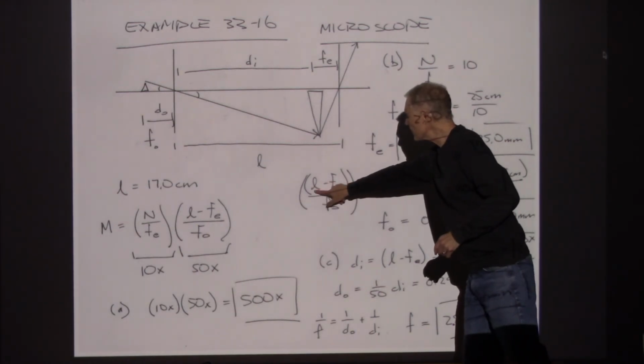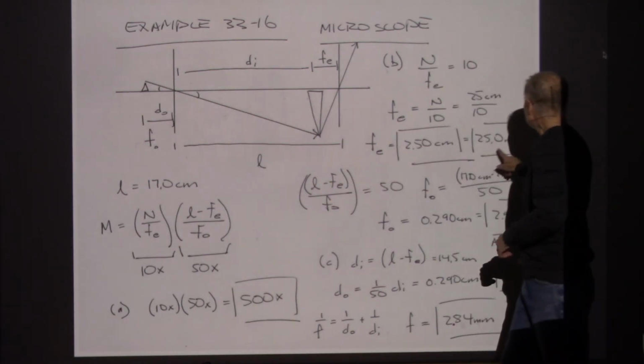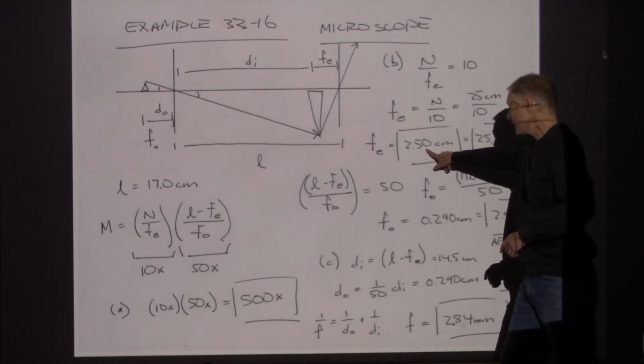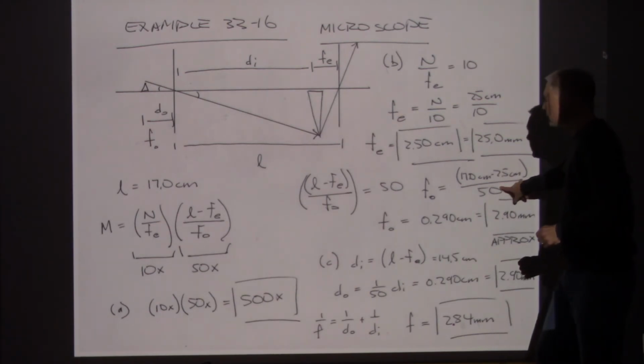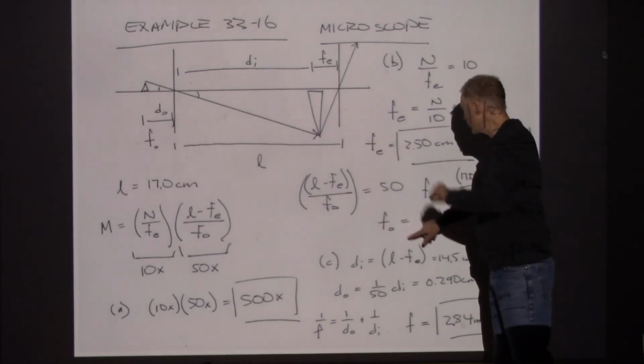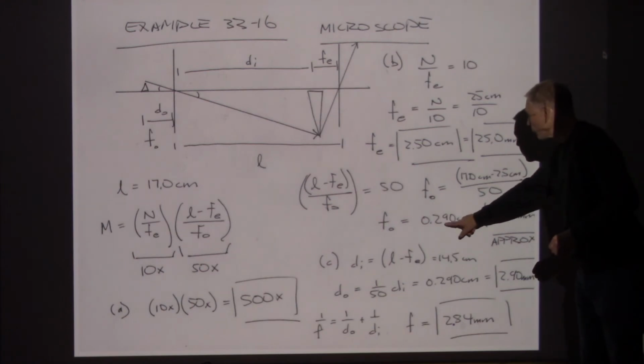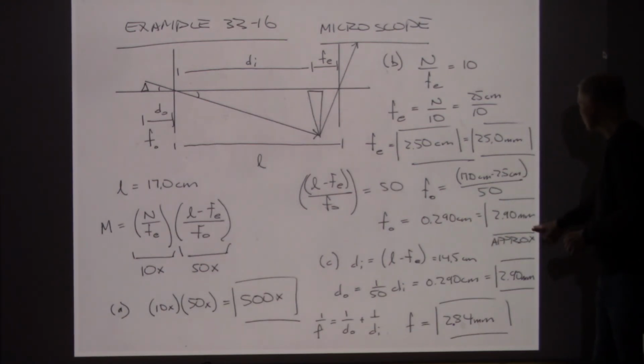This is 17 centimeters, this was now 2.5 centimeters, so that becomes 14 centimeters divided by 50, and the focal length for my objective is 0.290 centimeters, which is 2.90 millimeters. So there they are.